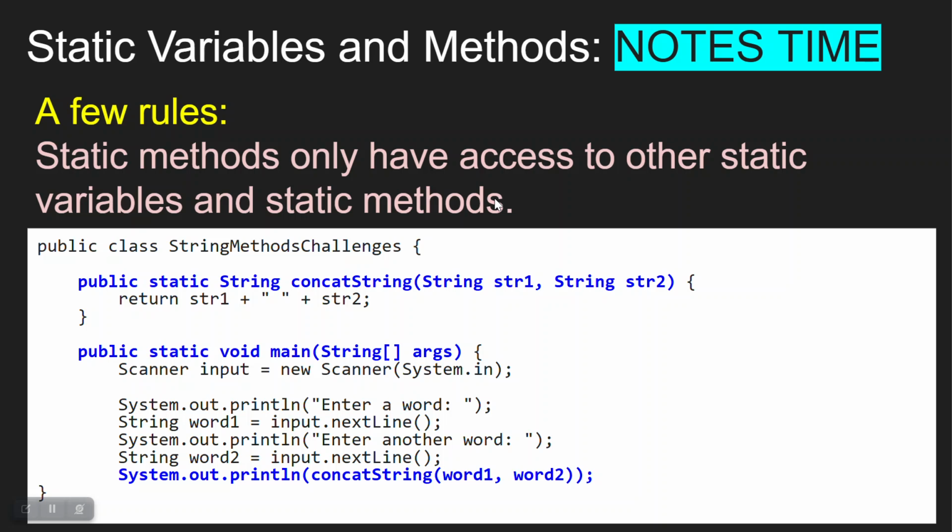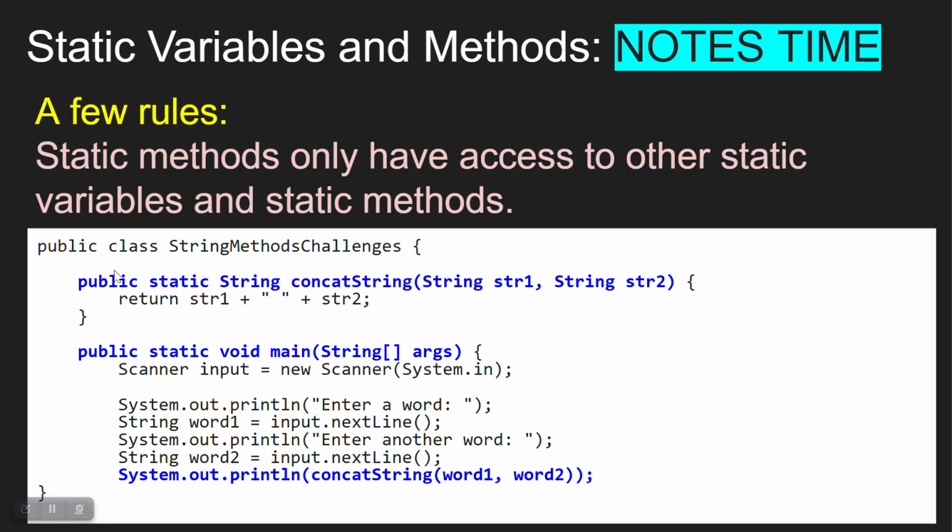So static methods are somewhat limited in terms of what they can do, which is why a while back when we did the string methods challenge, because we were working in main, which is a static method, if we wanted to call another method in this class using whatever input we're getting from our users here, it has to be a static method.